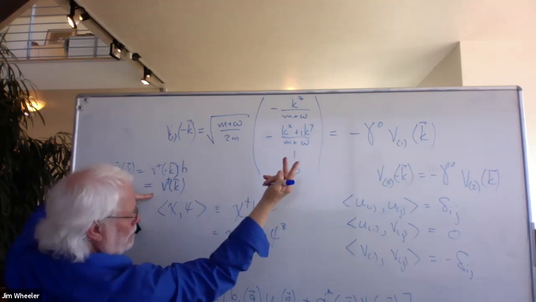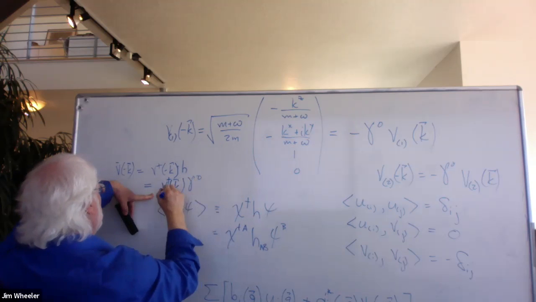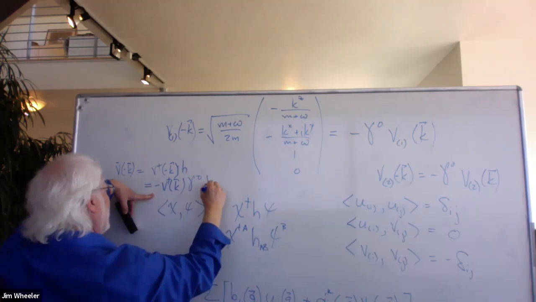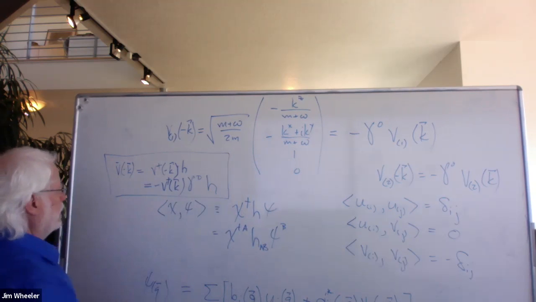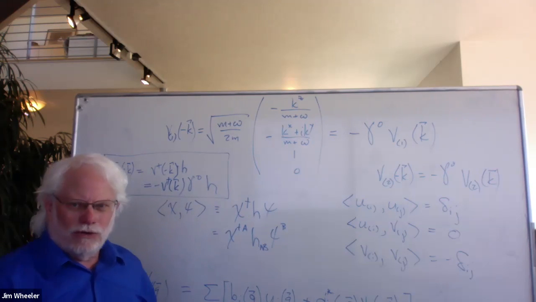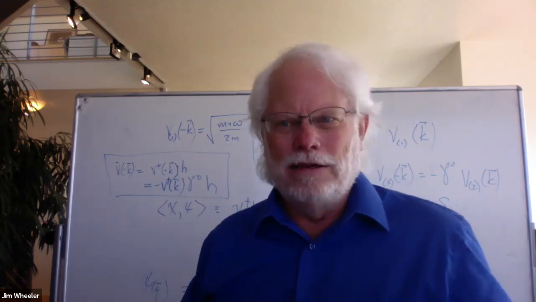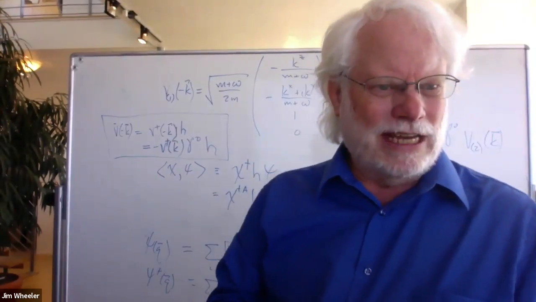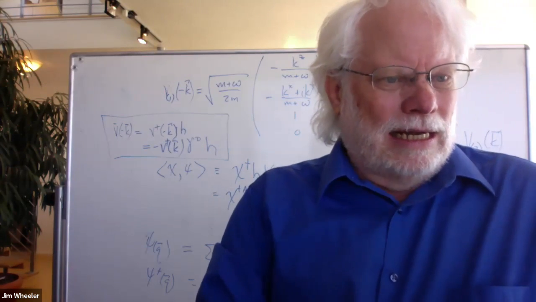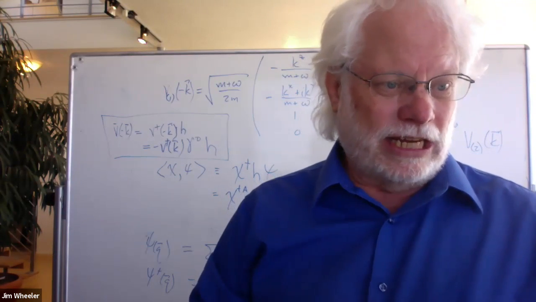The gamma 0 flips to the other side. We get a minus sign, and then the h is still there. So there we go, that's the expression. That lets us write v bar of minus k in terms of v of k. Then I give another exercise.